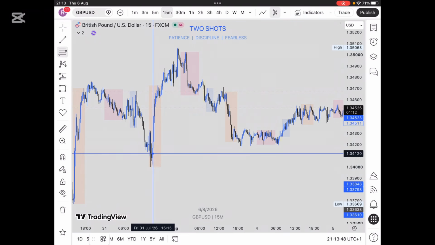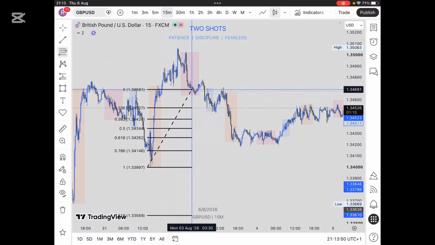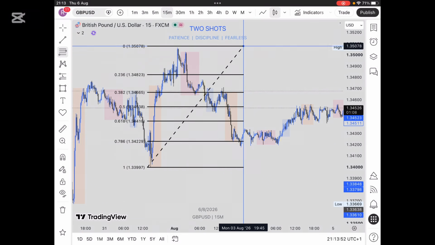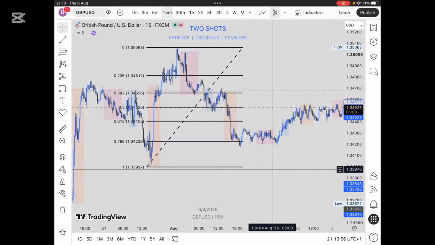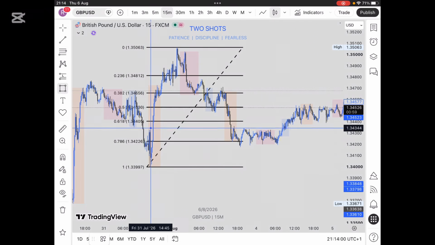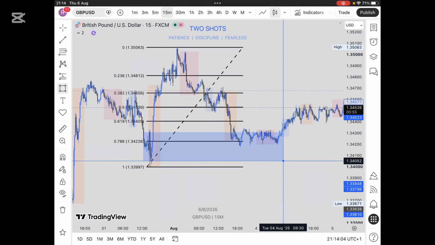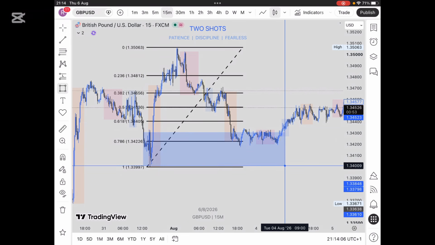If you take our FIB2 and place it here from low to high, we'll realize that price made a retracement down to the discount level again, and also reacted from a key level. We mark that as the key level. We take the whole of this zone because the candle extends down to the low.